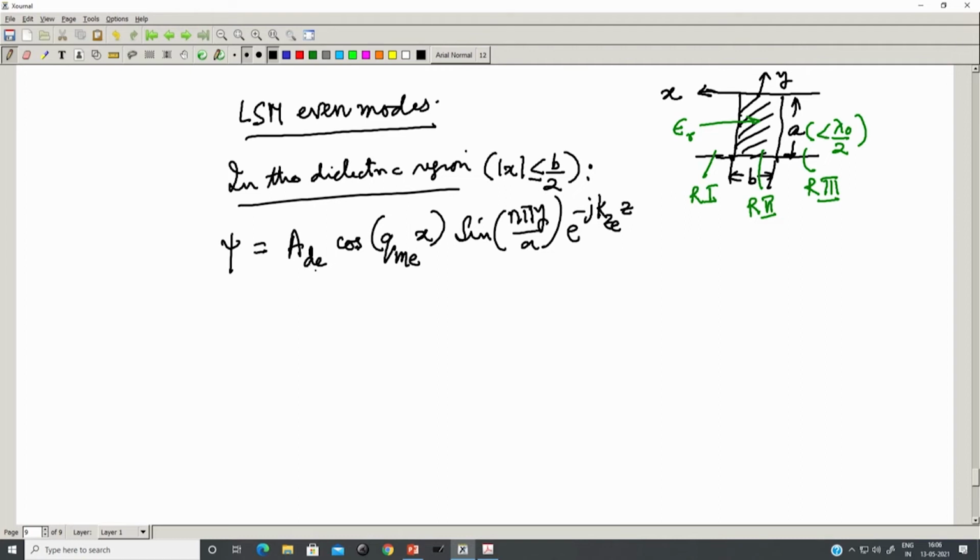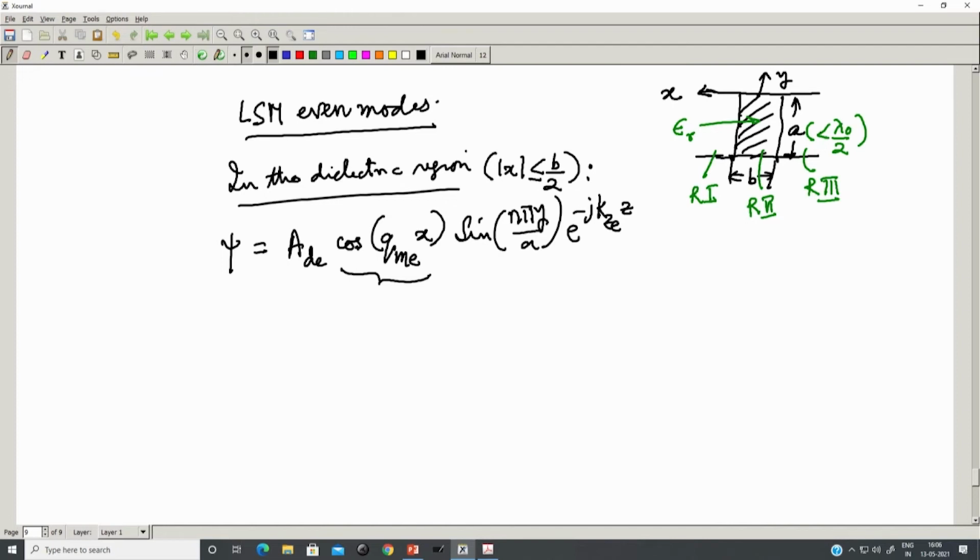D refers to the dielectric, E refers to the mode being even. This is the even mode with a cos variation, and q_me is the eigen number inside the dielectric region.